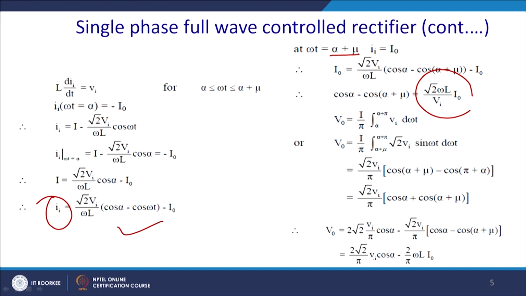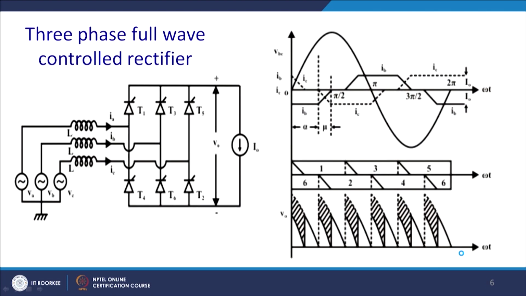We can write it in terms of the load current, which is assumed to be constant, that is root 2 by pi Vi cos alpha minus 2 by pi omega L into I0. So, the voltage will drop according to the value of I0. The more the value of I0, the more the drop in the voltage. Similarly, whatever we have discussed in the case of the diode based rectifier can be extended with the same concept to the full control converter.